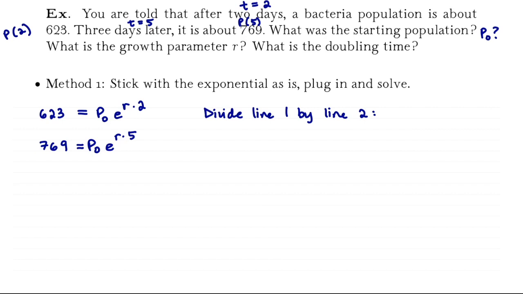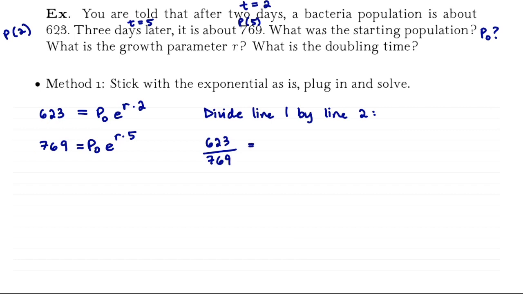Normally when I write mathematics, I just go down the page, but with these slides, since my pages are wide rather than tall, sometimes I write over to the right, but that's not normally what I would like to do in my own personal notes, but let me just write it over there. So if I divide line 1 by line 2, on the left-hand side we'll have 623 divided by 769.